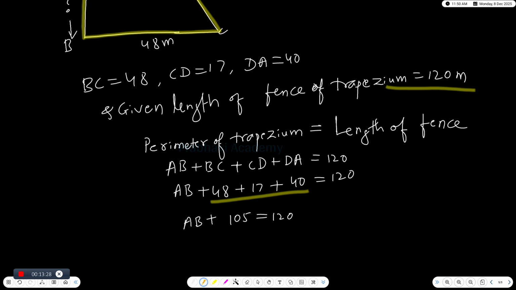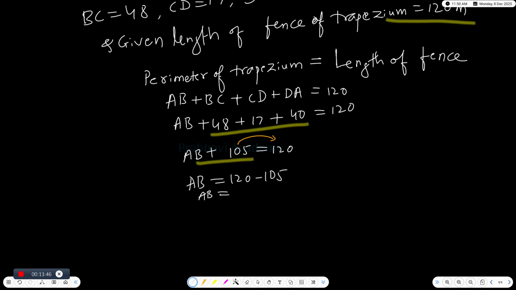If I transpose this 105 towards 120, plus over here, so it will become minus. So AB is equal to 120 minus 105. That is length of AB is equal to 15 meter.